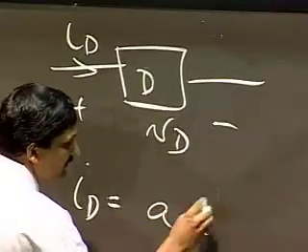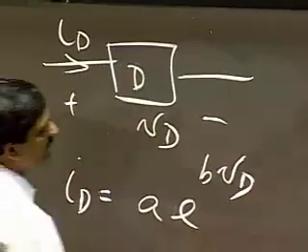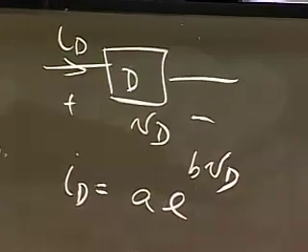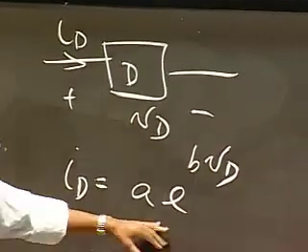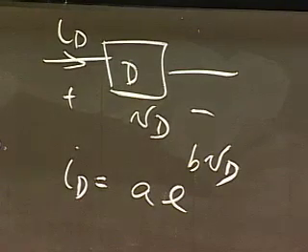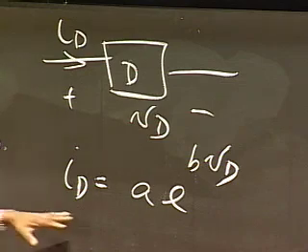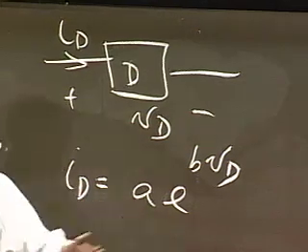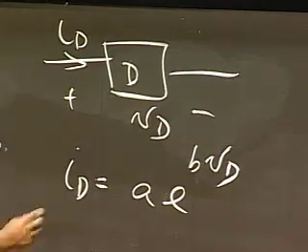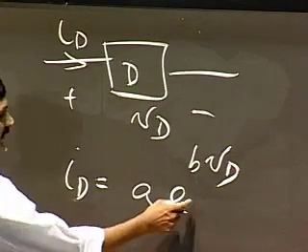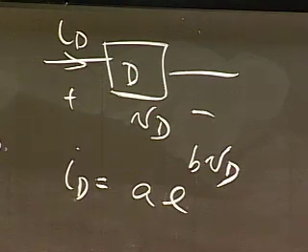It's A, e raised to B. Okay, so there's an exponentiation here. And again, remember this is a fictitious device, and I'll show you some funky things that it does in a second. So it's a very simple relation, the exponential relation, where the current relates to the exponentiated value of the voltage VD across the element.